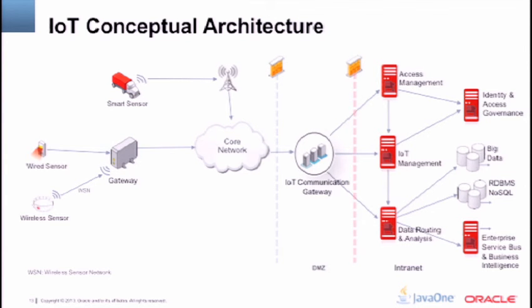You would have devices talking over cellular networks to data centers, but there are many devices which won't be able to talk directly to data centers because they are running on short-range networks or are battery-powered. So those devices would typically talk using a gateway. And then on this side, you would have a communication gateway which is securing all the communication that's coming in and also doing protocol translation, because all these devices could be talking many different protocols.